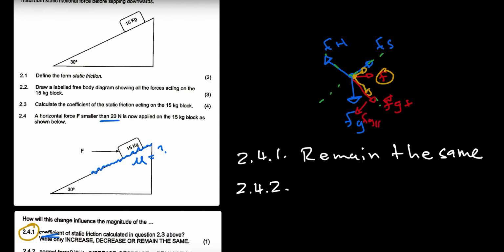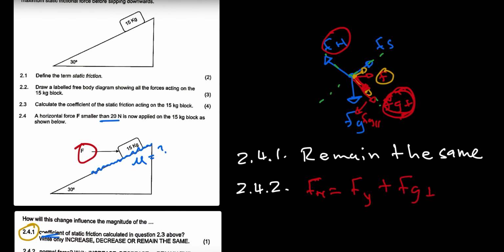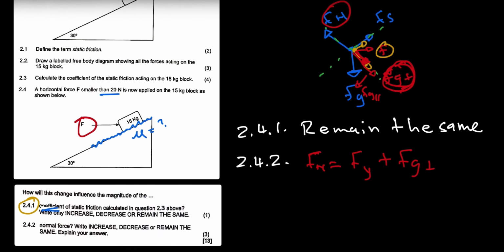So initially the normal force was equal to Fg perpendicular, but now because of this force, the normal force is going to be increased because we're going to have a component force adding up to that perpendicular gravitational force. So the normal force will now be equivalent to the vertical component of that force of 20 newtons plus the Fg perpendicular. So this means the normal force is going to increase.